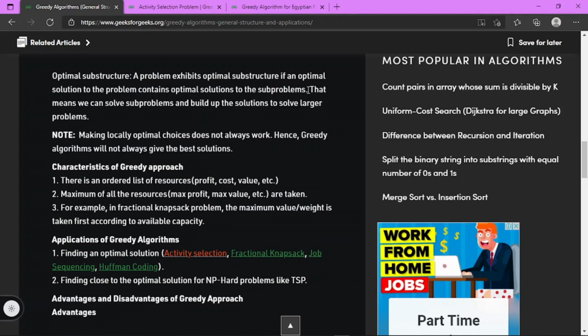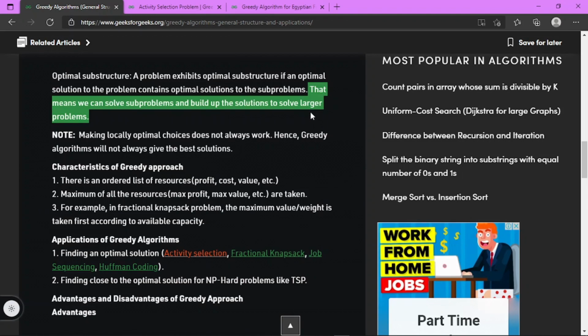It is a kind of divide and conquer thing, but optimal substructure tells us that when we merge those subproblems into the original problem, it will give us the optimal answer. That means we can build up solutions to solve larger problems.